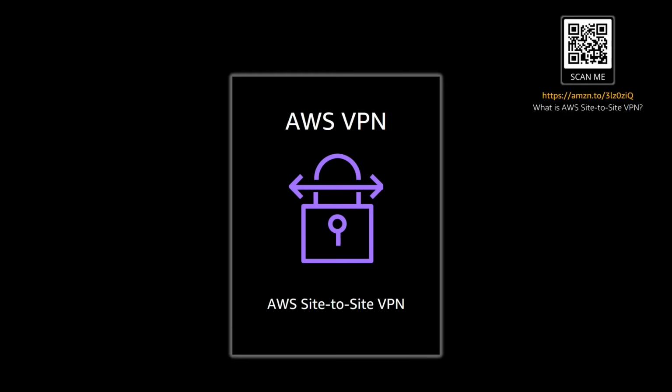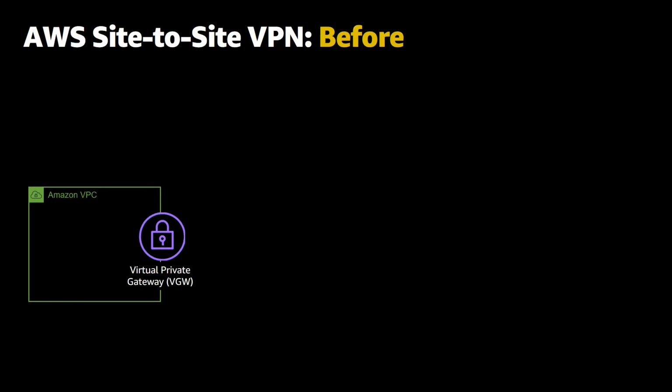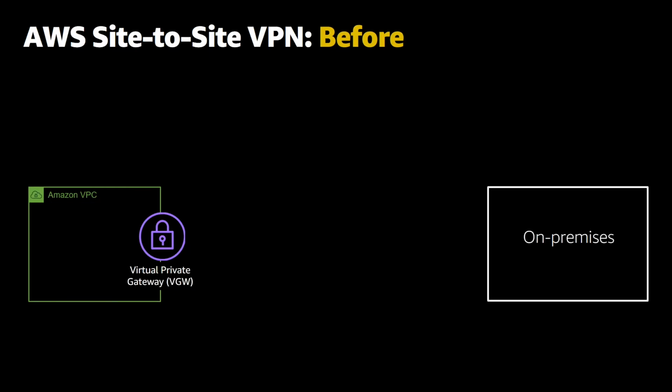AWS VPN. So this is how a lot of people have their network architectures with VPN tunnels from on-premises to AWS. Before, we had a VPC with a VGW, the virtual private gateway, and then we had on-premises on the right.